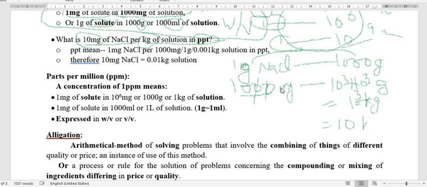So this is 10 gram NaCl, 1 gram NaCl in 1000 gram of the solution. That means if you are converting this 1000 milligram, then this becomes 10 power 6 gram, and 10 power 6 gram means 1000 kg. So we are removing this 2, so this becomes 10 kg.